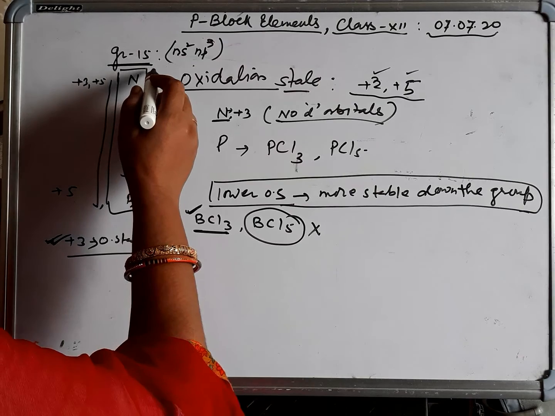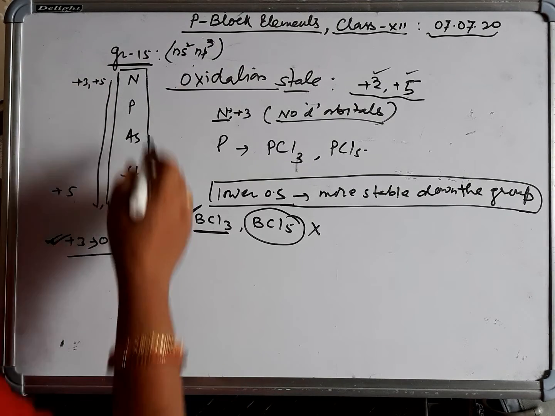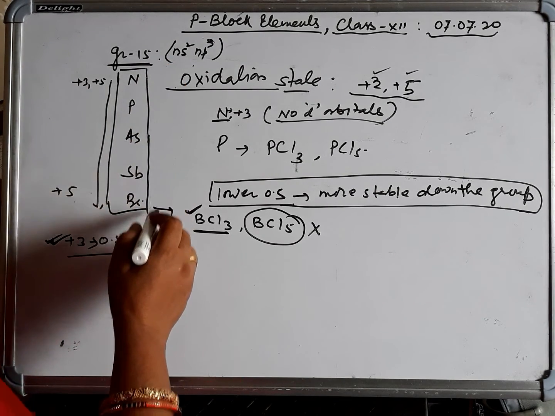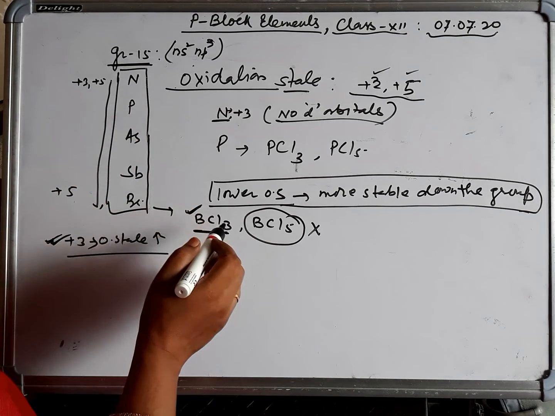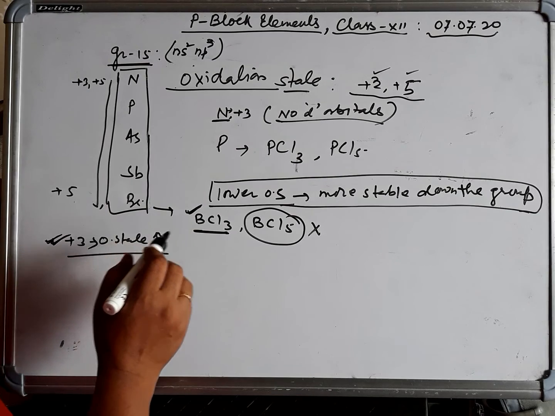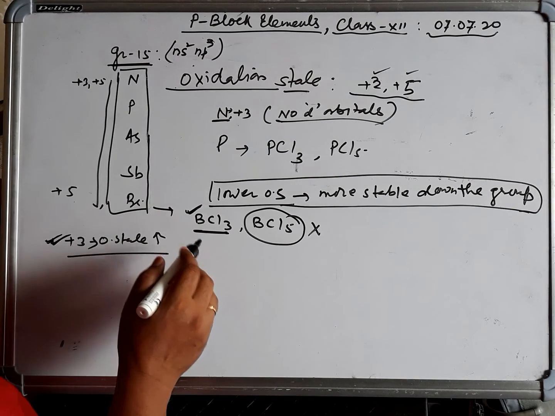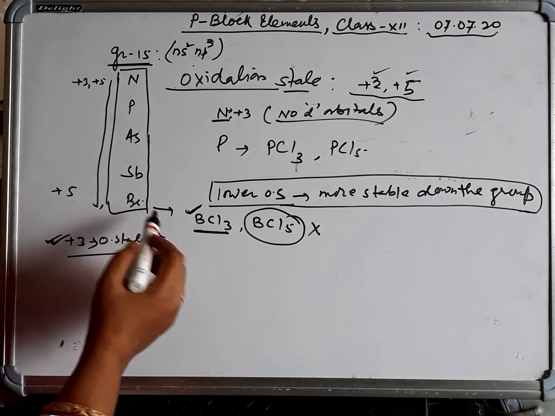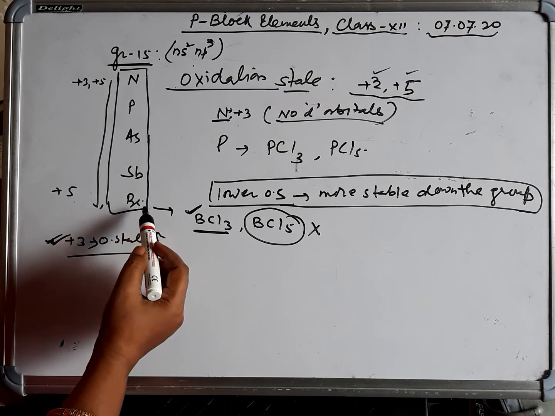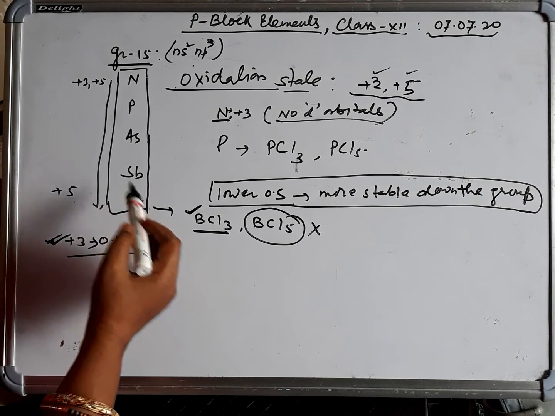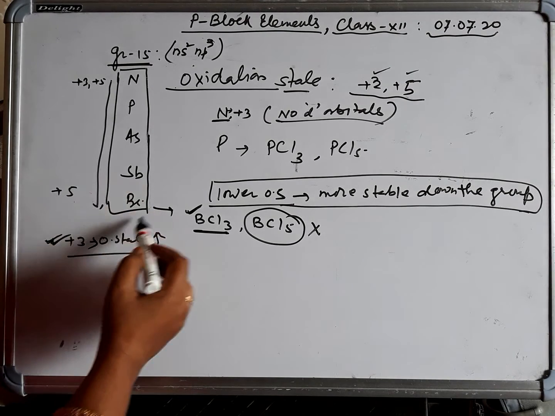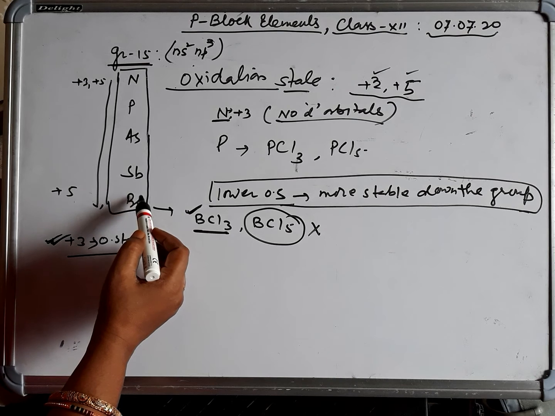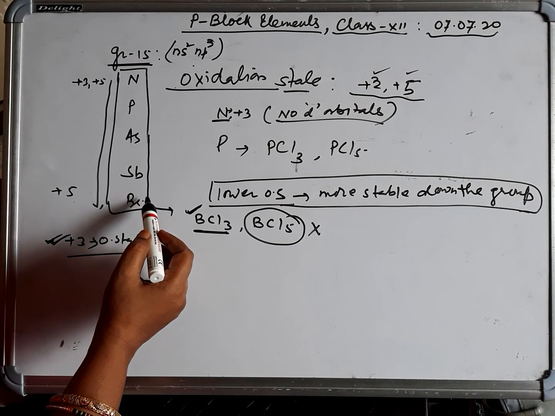But as we move top to bottom in a group, specifically in this group, we find that the lower oxidation state becomes more stable and the higher oxidation state becomes less stable. Why? Because of the inert pair effect. The inert pair effect is more pronounced in bismuth because it has high nuclear charge, and the d electrons or f electrons do not properly shield the effective nuclear charge.